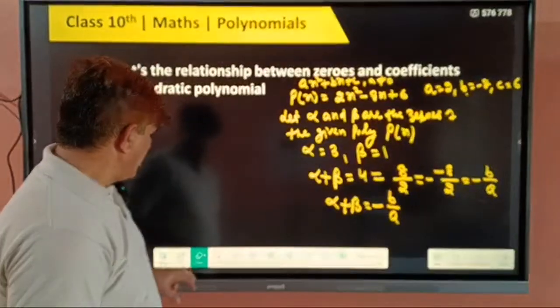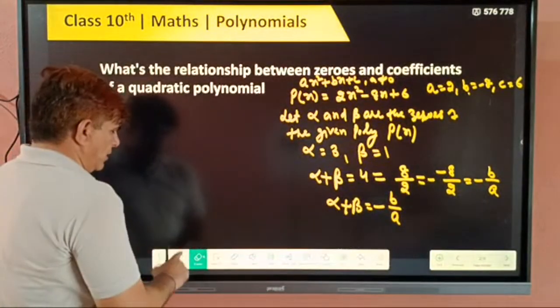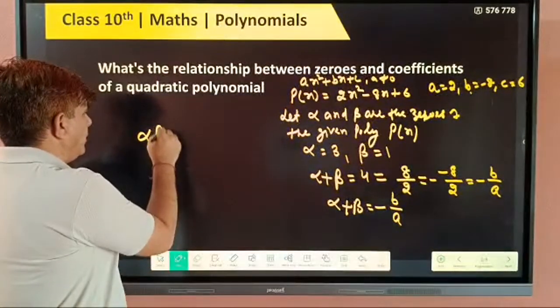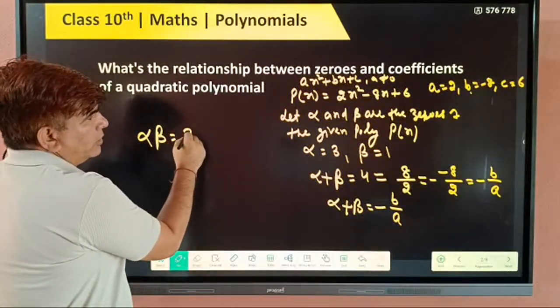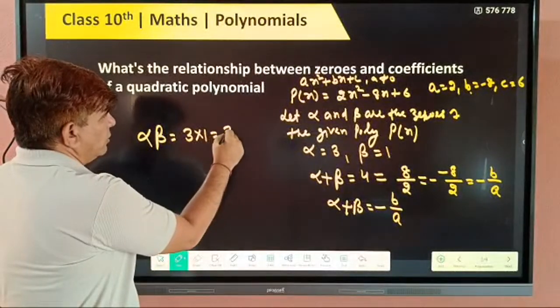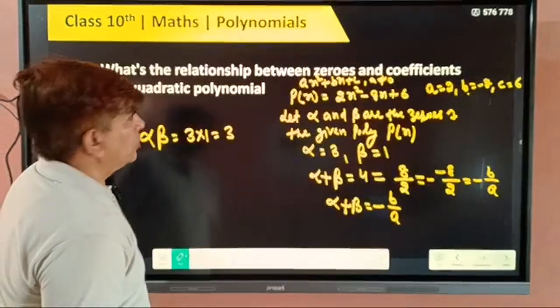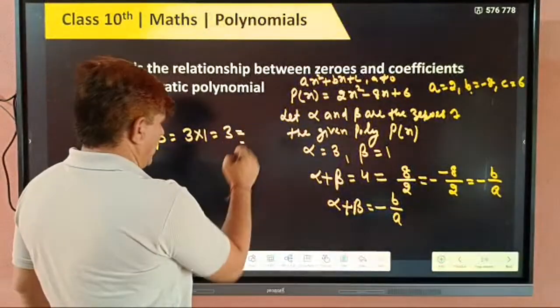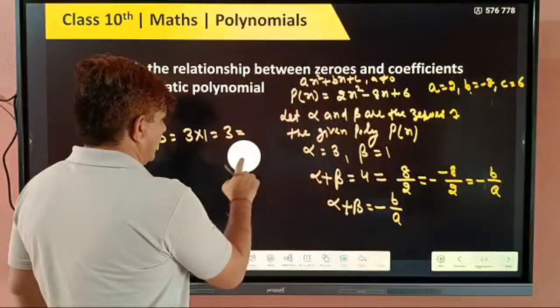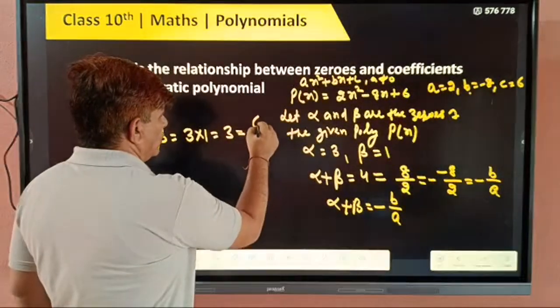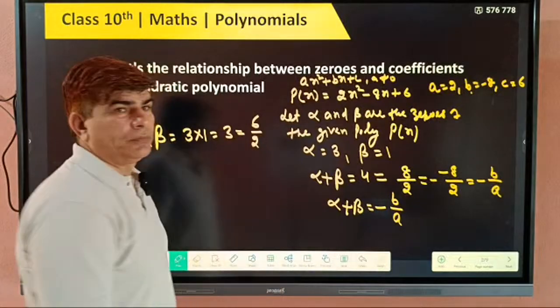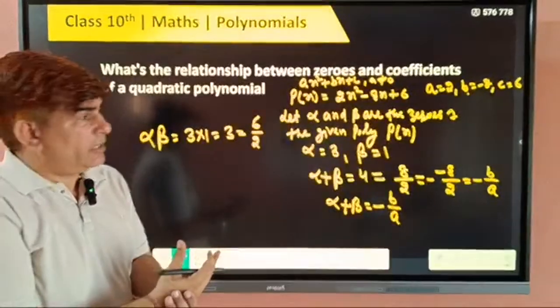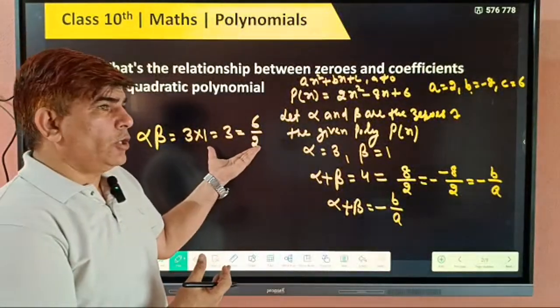And then what's alpha beta? Alpha beta equal to 3 into 1, which is equal to 3. Yes or no? And this I can write like this, equal to 6 by 2. Any effect on it? Why have I written 6 divided by 2?